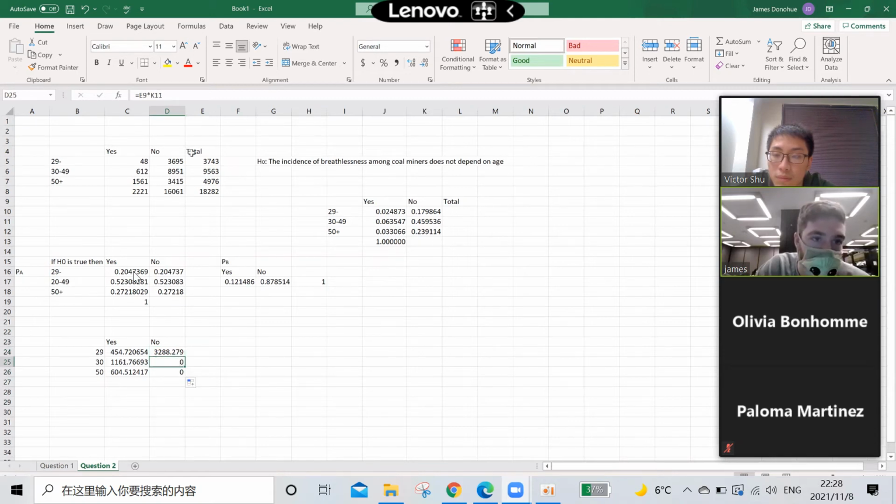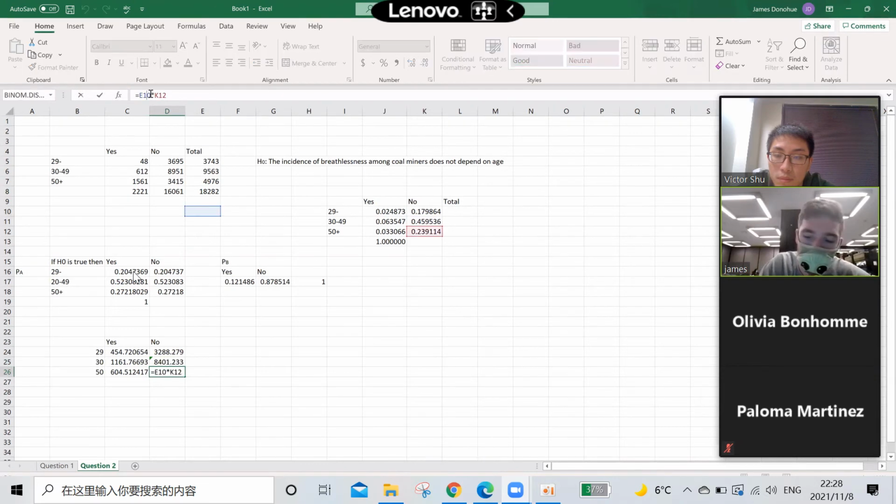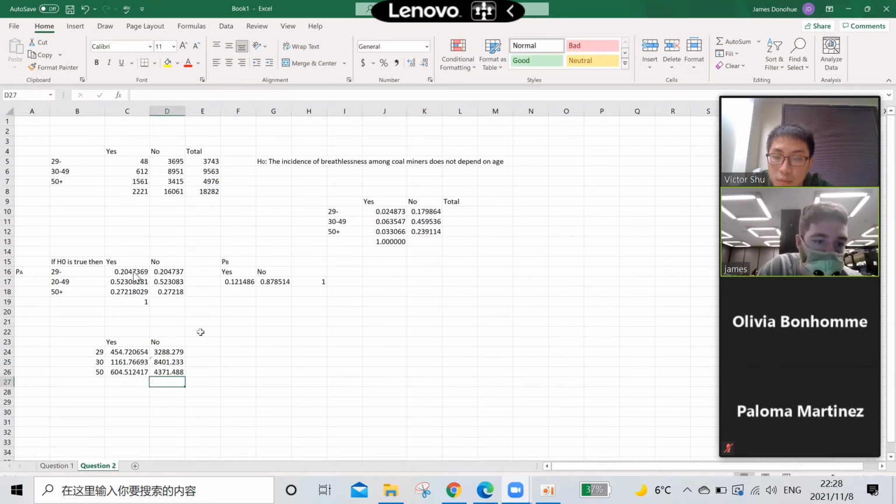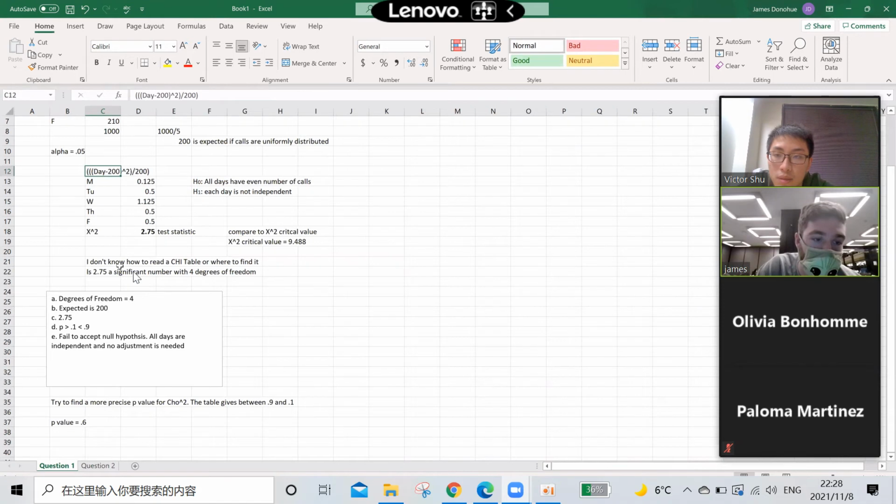So these are now our expected values, which we can use in the chi-squared formula.